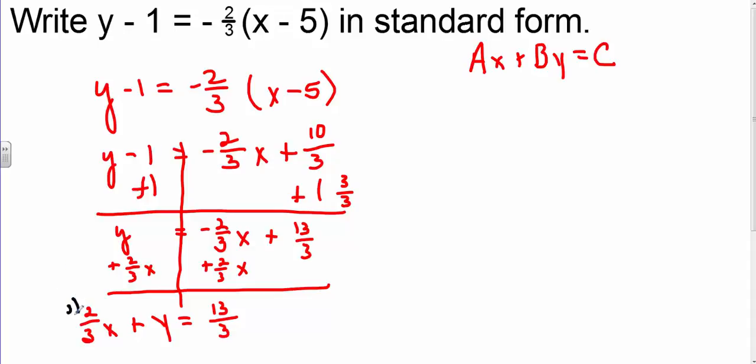This times 3, this times 3, and this times 3. So when we do that, we're left with 2x plus 3y equals, this goes away, we're left with 13. So now we're in standard form. 2x plus 3y equals 13.